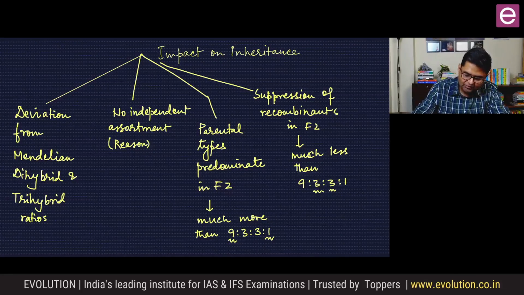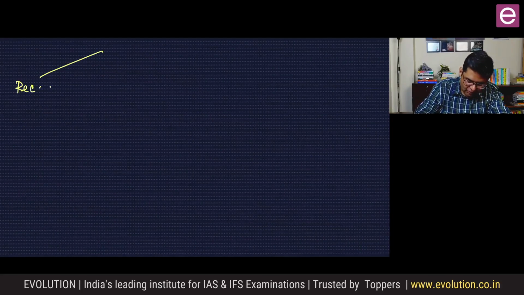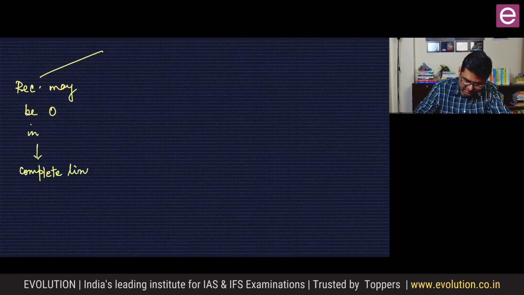Then moving further, recombinants may be 0 in complete linkage. If there is complete linkage, the number of recombinants is going to be 0.